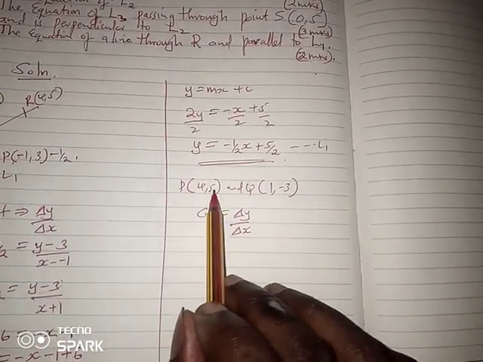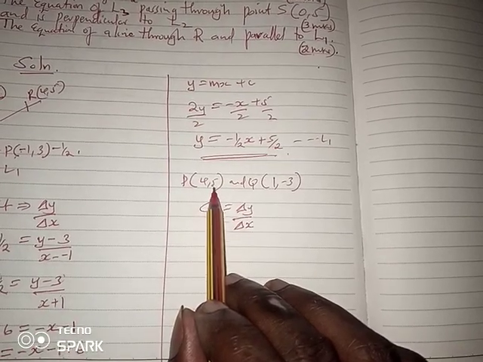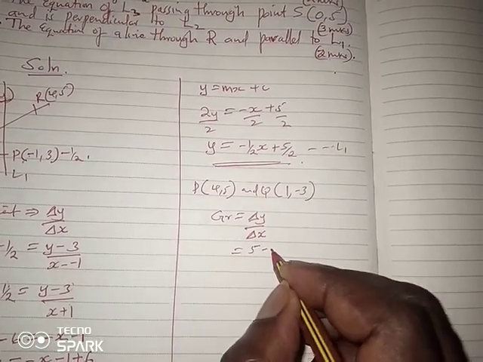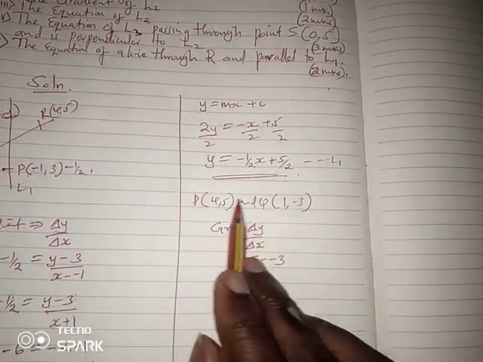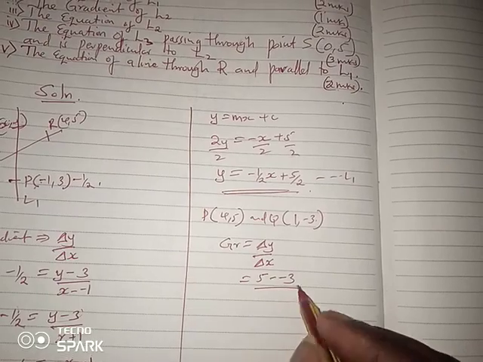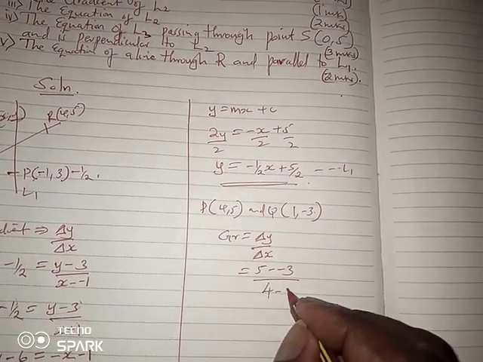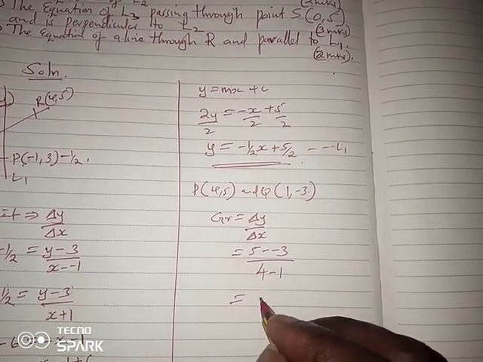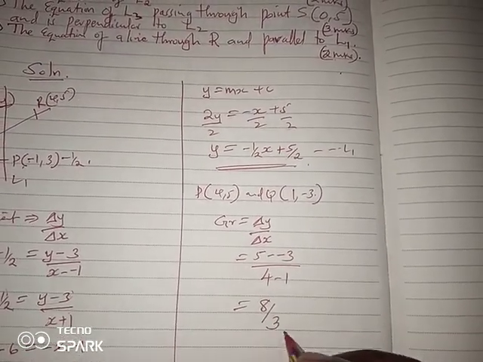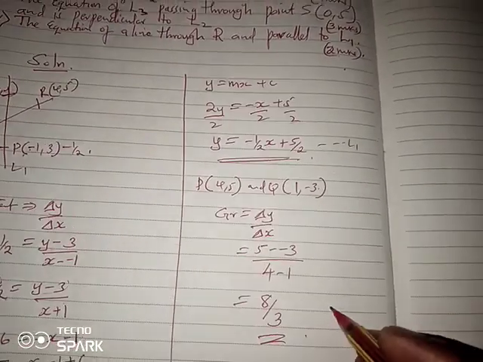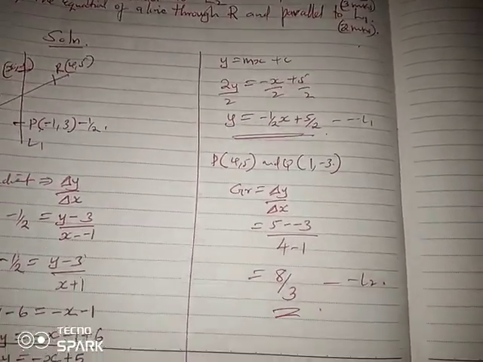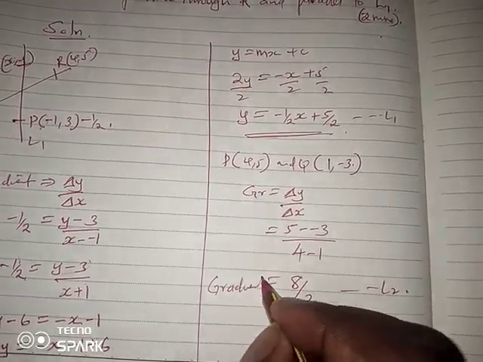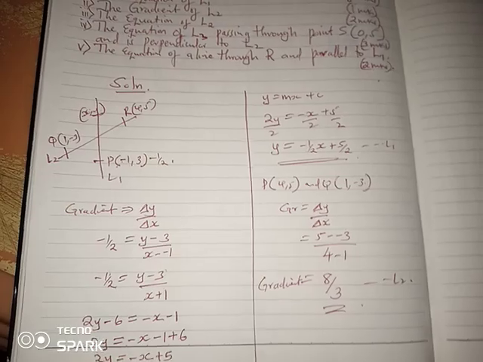So I will have 5 minus negative 3, that is y1 minus y2, over the same for x, 4 minus 1. Minus negative is a plus, so we shall have 8 over 3 as the gradient of L2.